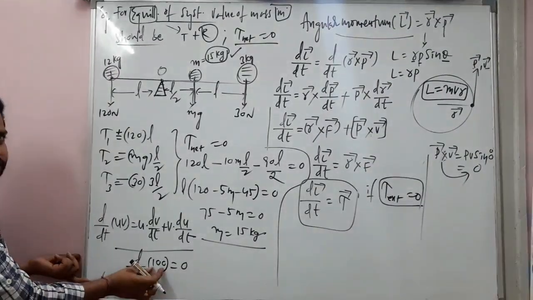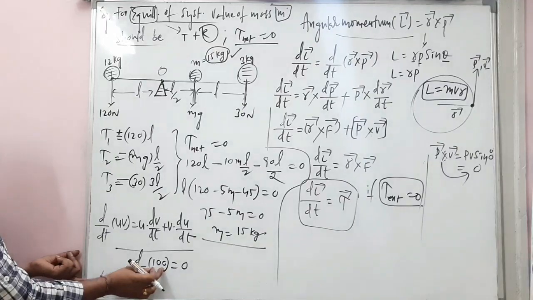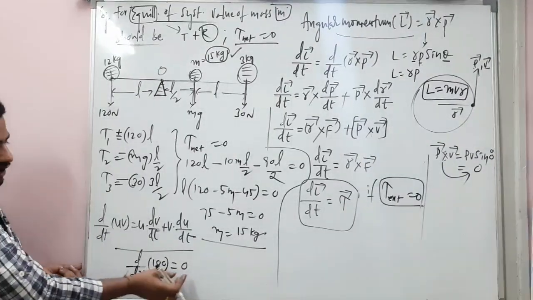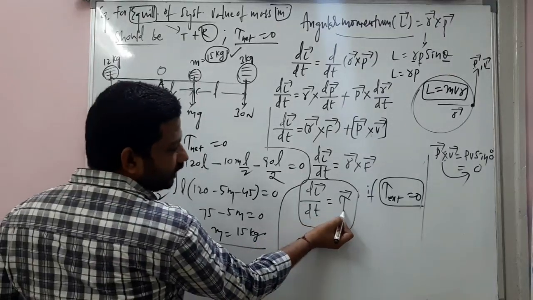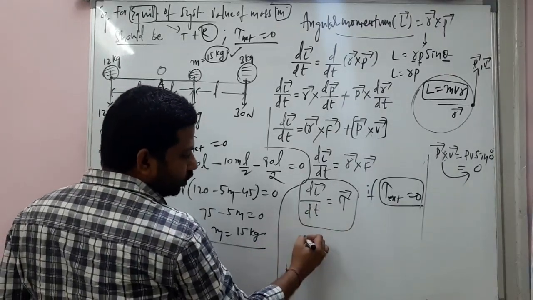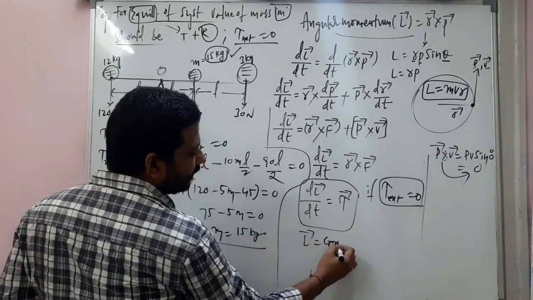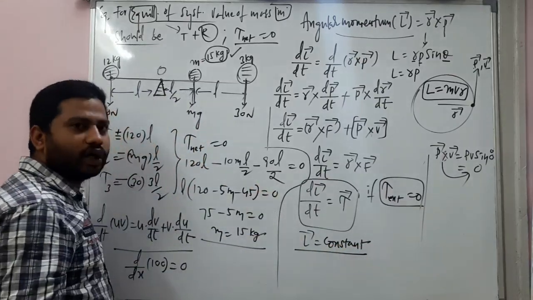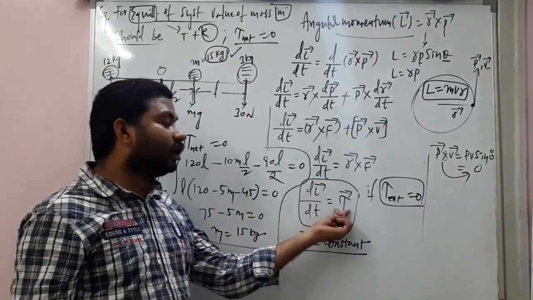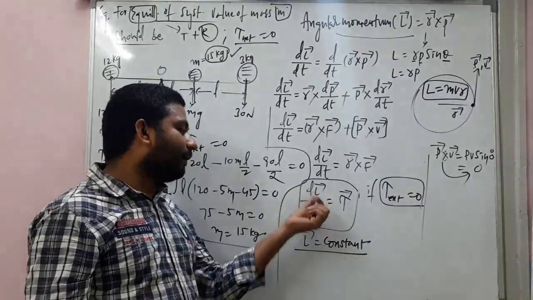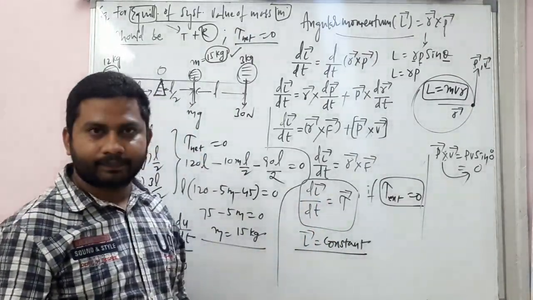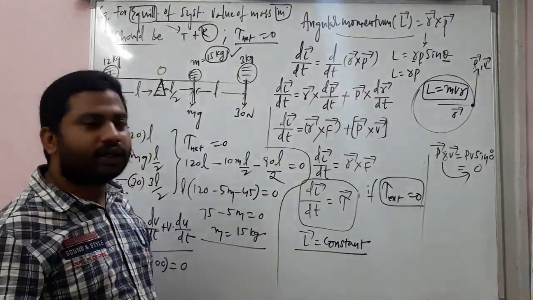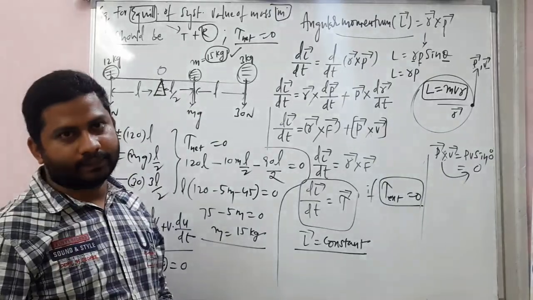Because it is a constant, and the derivative of a constant is 0. So if this is 0, then L bar must be constant. L bar is constant when external torque is 0. All right? So the angular momentum is constant.